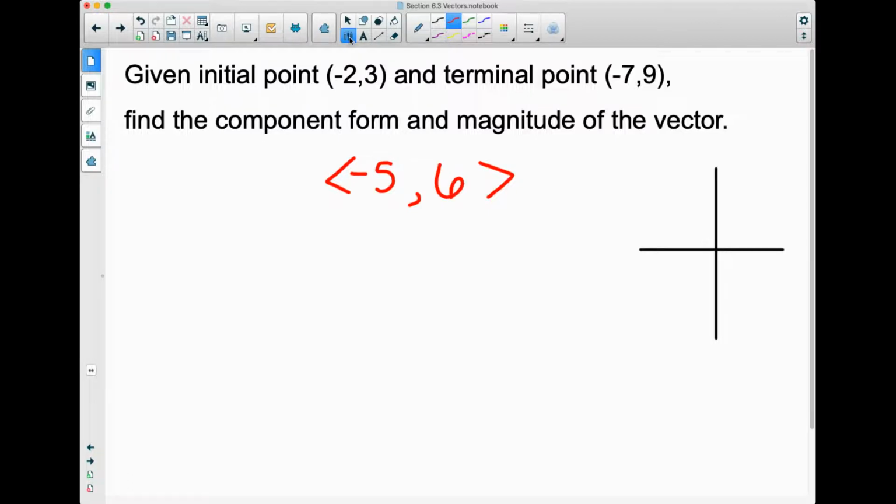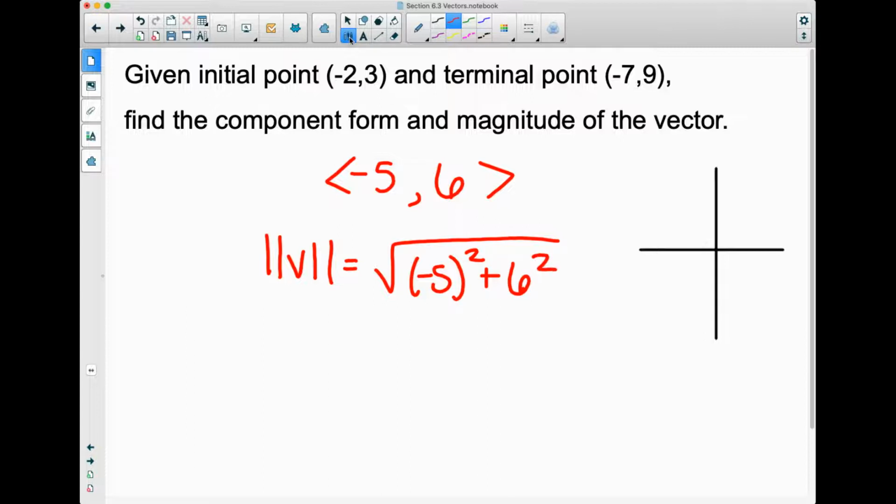Then again, I can find the magnitude by doing the square root of -5 squared plus 6 squared. And you get the square root of what? 61. It's a multiple choice test, so whether they find the square root of 61 or leave it as the square root of 61, you play their game, okay? Any questions on those?